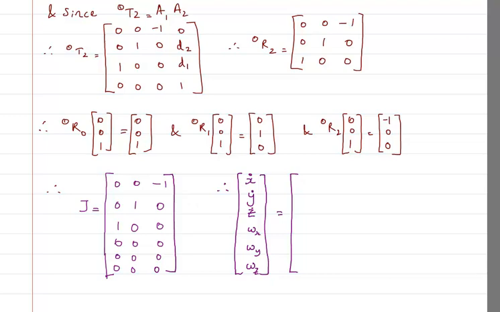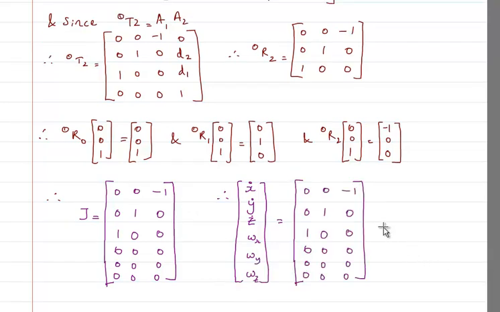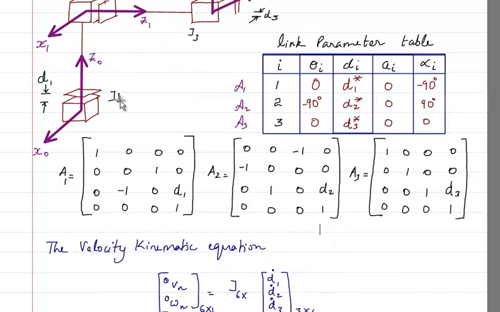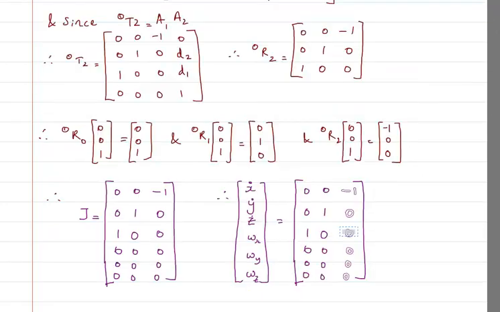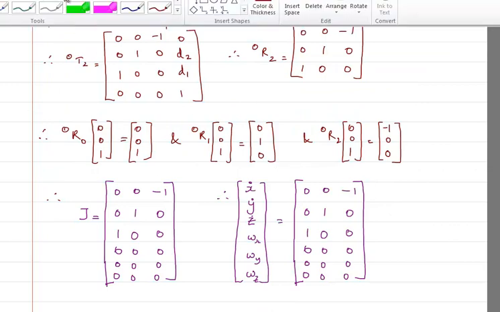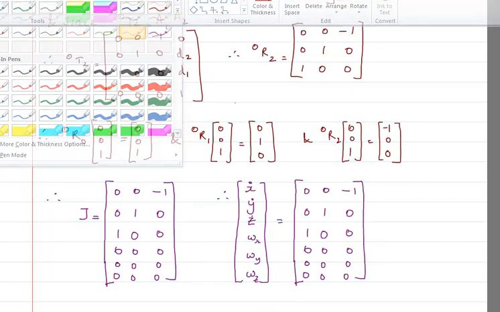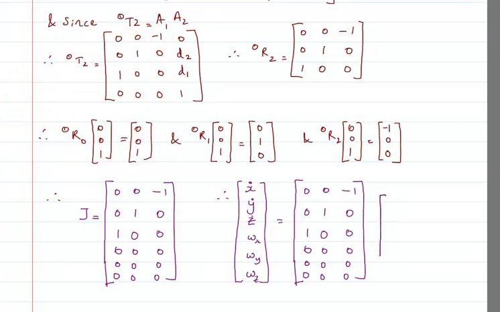I will straight away take from here, and then the three joints, as we already have seen here, are having joint variables d1, d2, d3. That same joint variable I'm going to put here, but as a differentiated component. So it will be d1 dot, d2 dot, d3 dot, and that's the matrix, and from this we can find out what is the velocity.